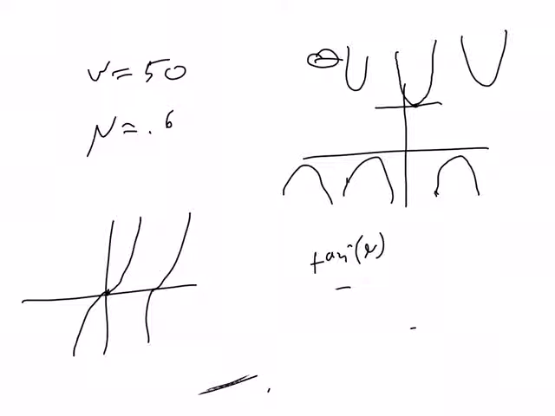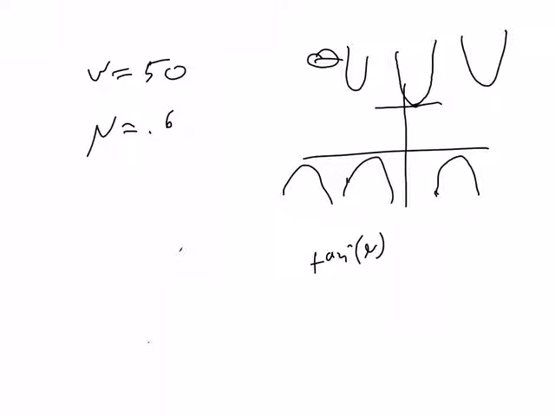So looking at the graph and the calculator, I see that the place where the graph seems to have a horizontal tangent is 0.54, and tan inverse of 0.6 is equal to 0.54, so it's correct.